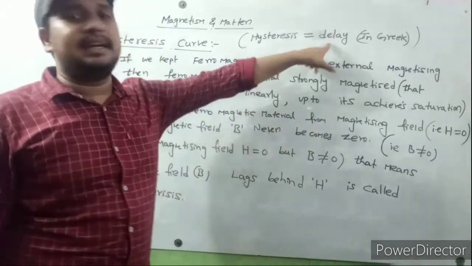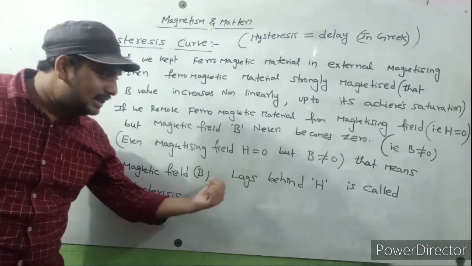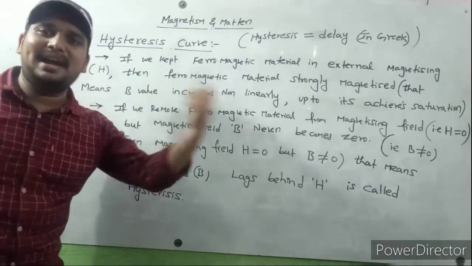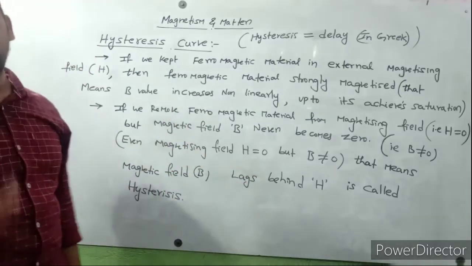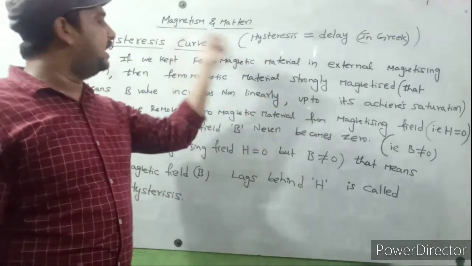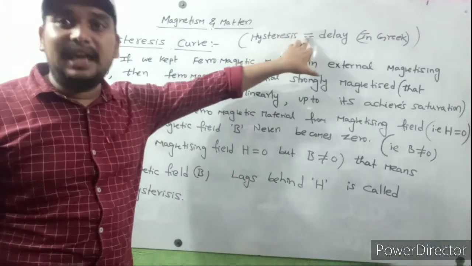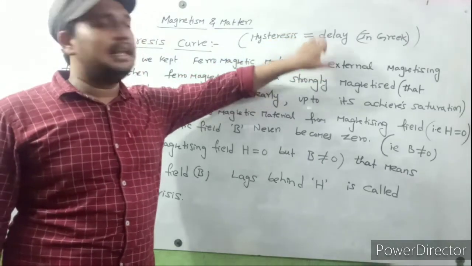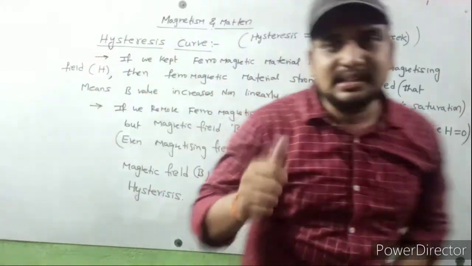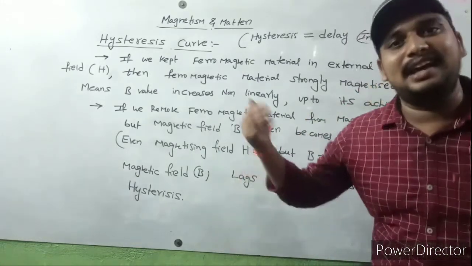That means the magnetic field is delayed: the magnetic field lags behind H. That is called hysteresis. Do you get my point? According to the definition only, we get it. The word hysteresis means delay in Greek. So what is delayed here? The magnetic field is delayed behind H.